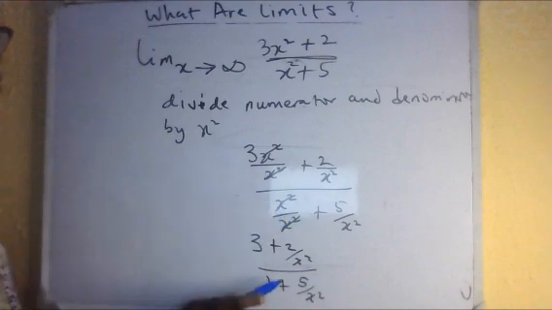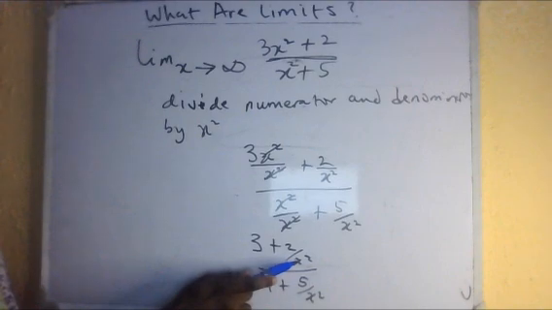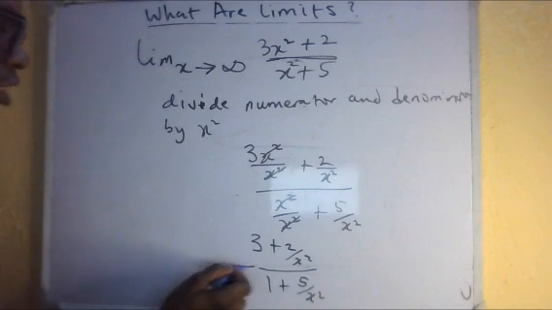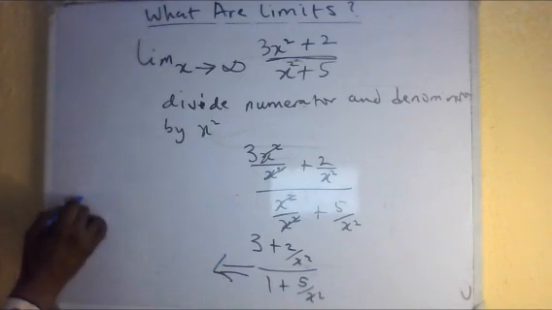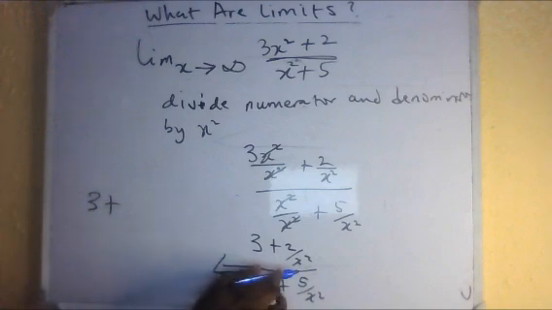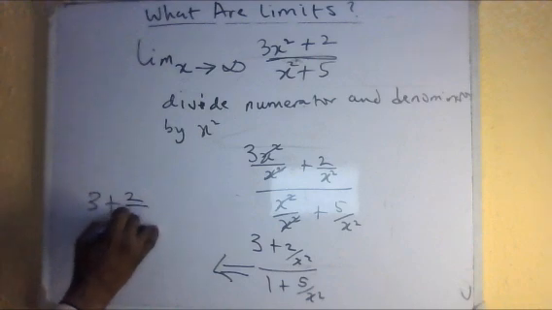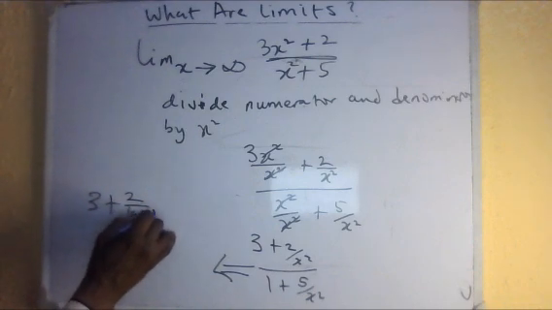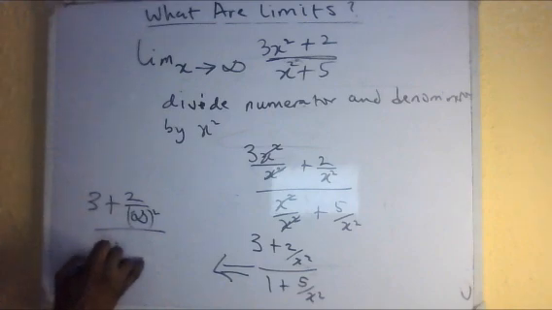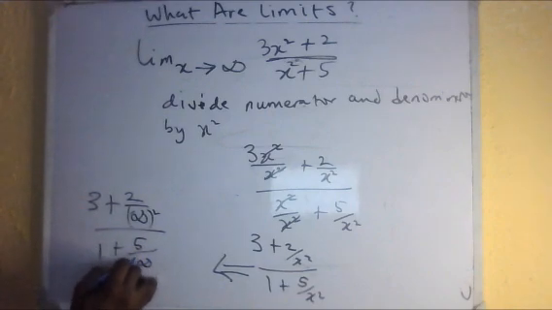So if I put infinity where x is, let me come to this side so that I can use the board here. So 3 plus 2 over infinity squared, all over 1 plus 5 over infinity squared.